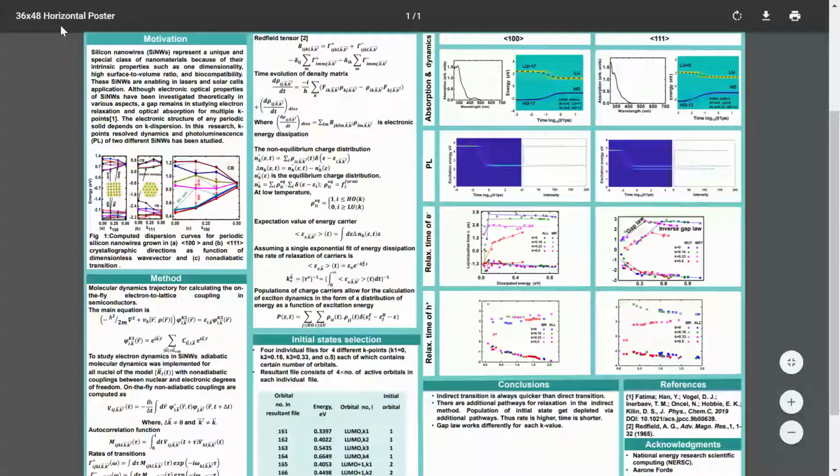This is the expectation value. And finally, you can calculate the photoluminescence. Probably this is not the right one. There should be one oscillator term on the right side. This is the overall methodology.